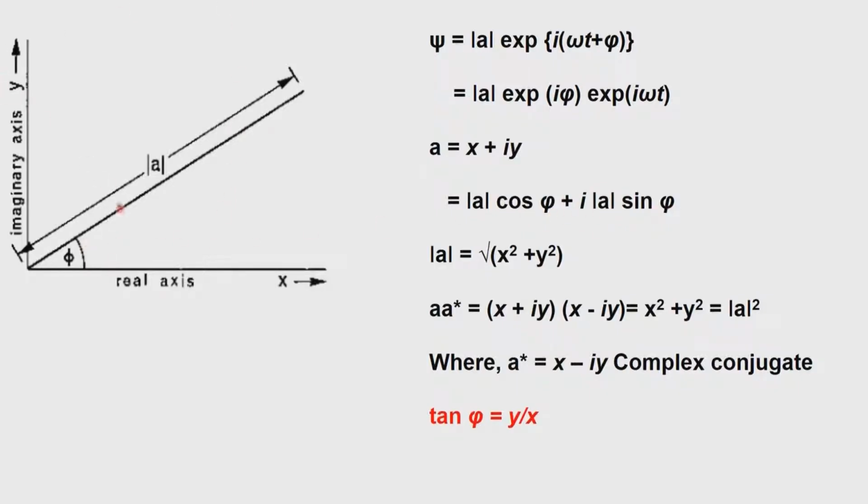If you take this simple Argand diagram, this is known as the Argand diagram by the way, you all know this. This is the real axis and that is the imaginary axis. You have this value of A, which is what we would like to determine, and that depends upon the value of phi. In terms of the projections, we have written A is equal to x plus i y. The projection of this onto the real axis gives you the value of x, the projection onto the imaginary axis gives you y.